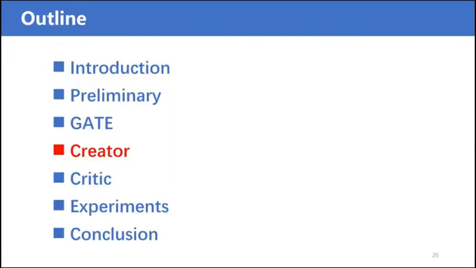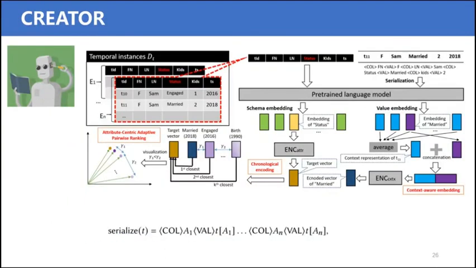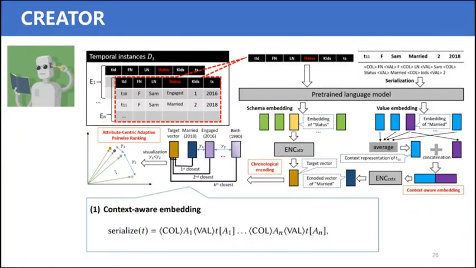Okay, so now after that, we introduce the two parts, the creator and critic. The creator is a machine learning model, which is a deep learning model. Firstly, with the table as input, we serialize it to a sequence with this formula, and then we pass the serialized sequence to a pre-trained language model such as BERT, and then we get some embeddings. Then we use the embeddings to make some average or some other operations to generate the embeddings of the values.